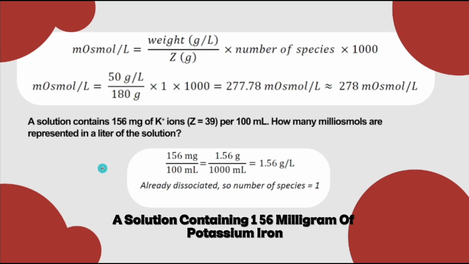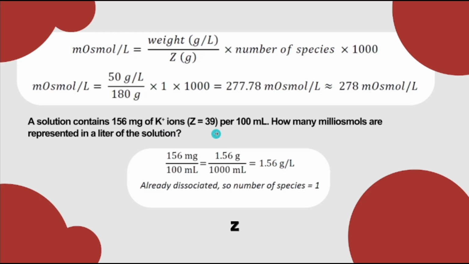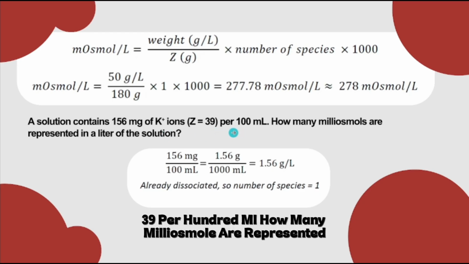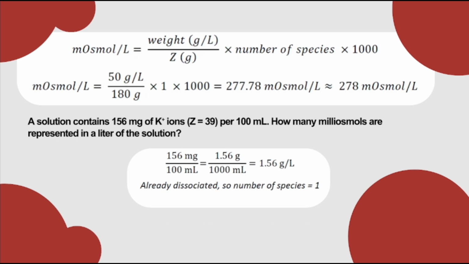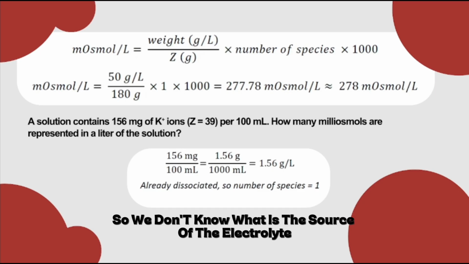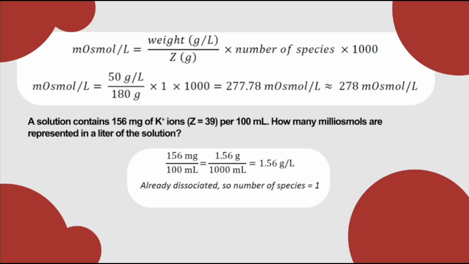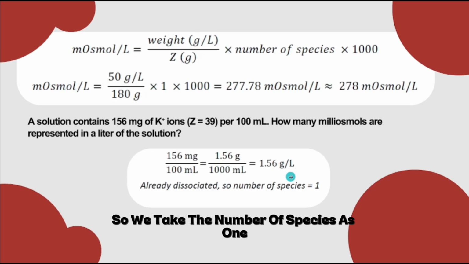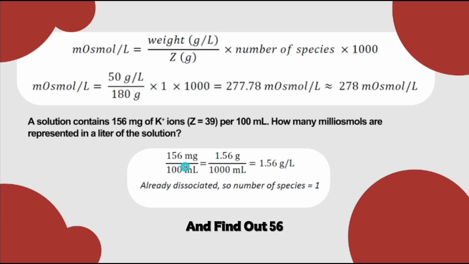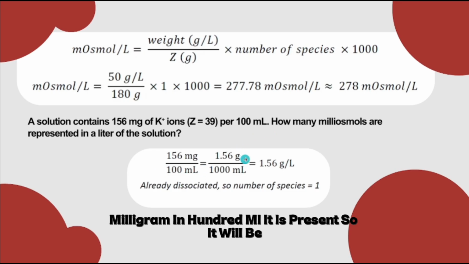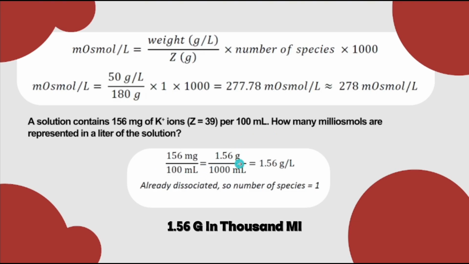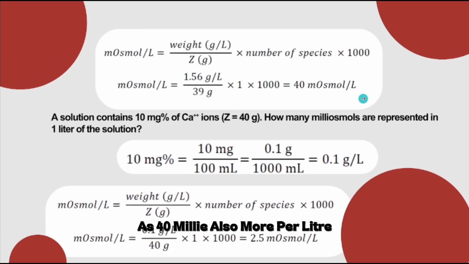A solution containing 156 milligram of potassium ion per 100 ml: how many milliosmol are represented in a liter of the solution? Potassium is already dissociated, so we don't know what the source of the electrolyte is. So we take the number of species as 1 and find that 156 milligram in 100 ml is present, so it will be 1.56 gram in 1000 ml, or 40 milliosmol per liter.